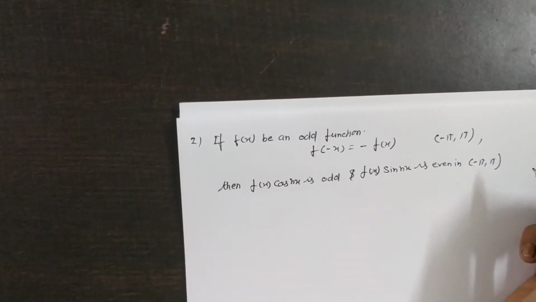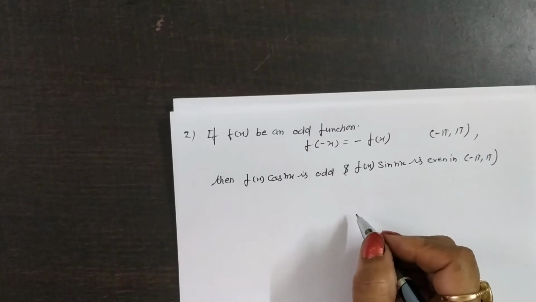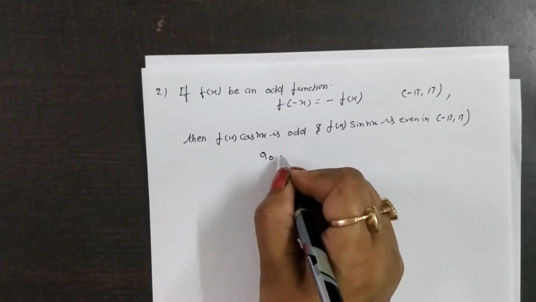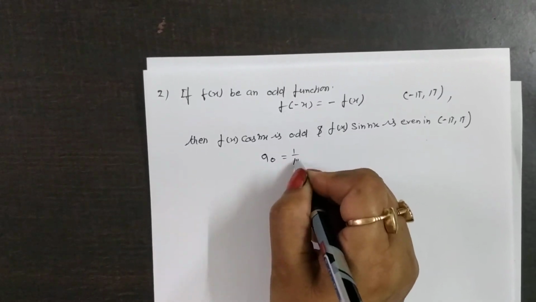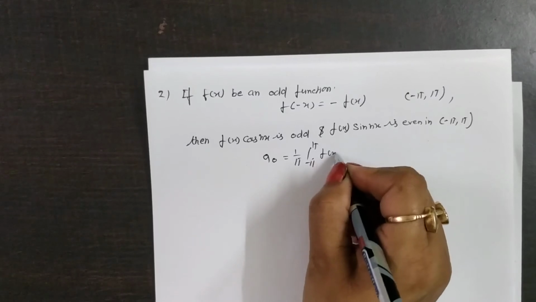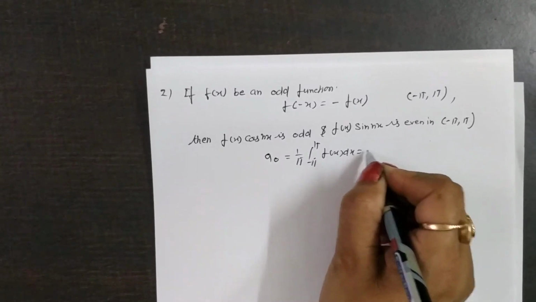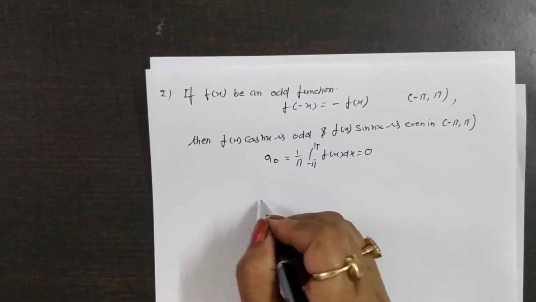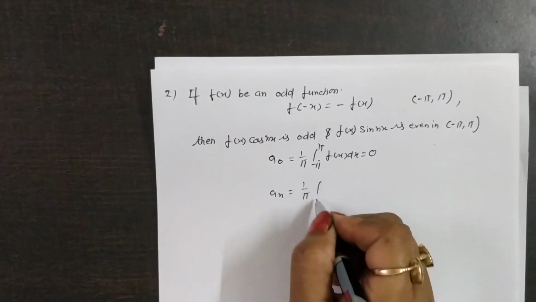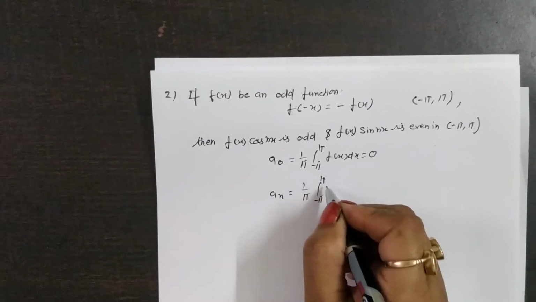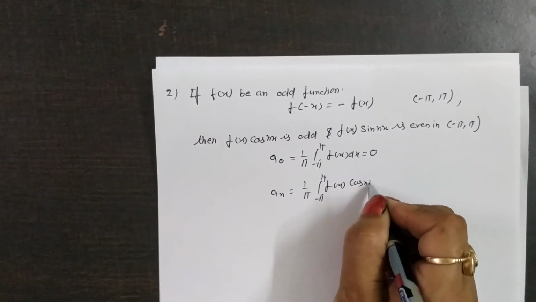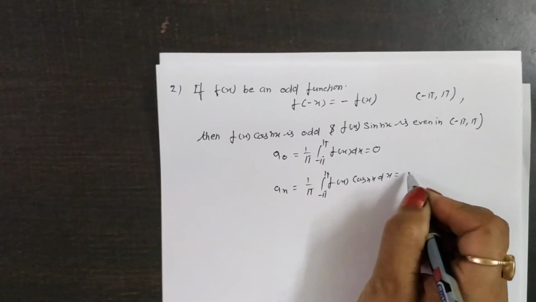Here the function does not change, so a0 is 1 by pi, integral minus pi to pi, f of x dx, which is equal to 0, and also an, which is 1 by pi, integral minus pi to pi, f of x cos nx dx, which is again 0.